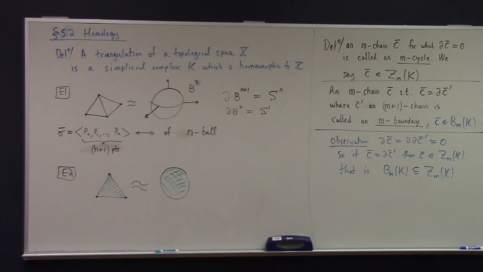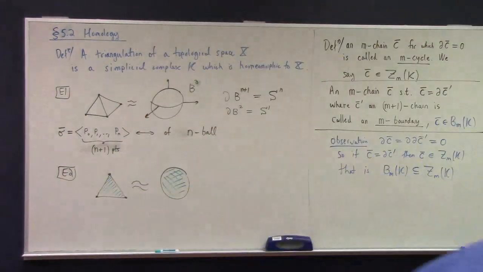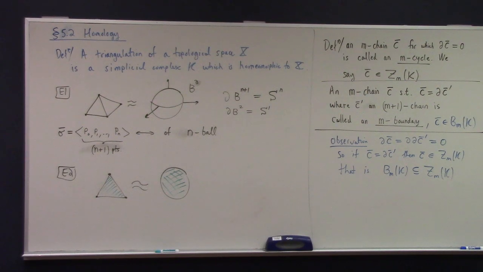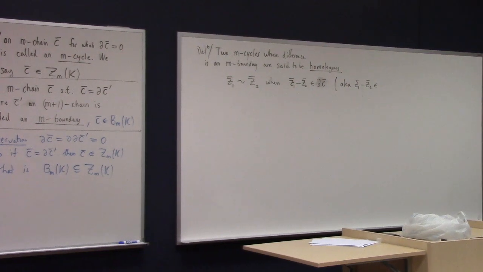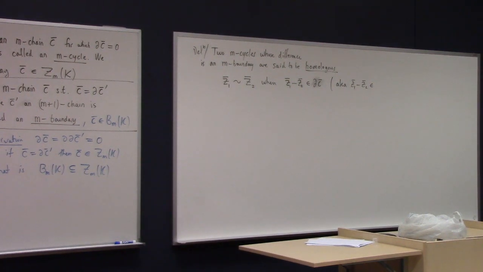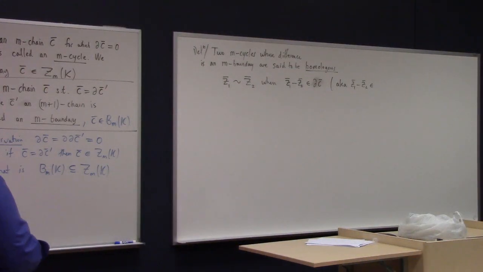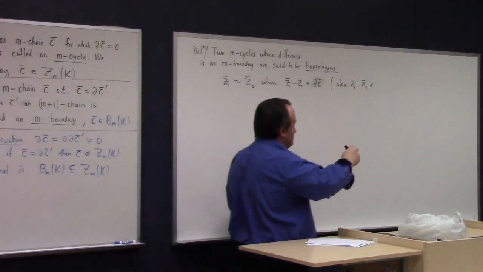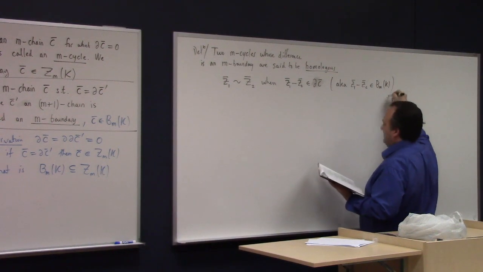Another way to say this is that Z-bar 1 minus Z-bar 2 is an element of B_M(K).